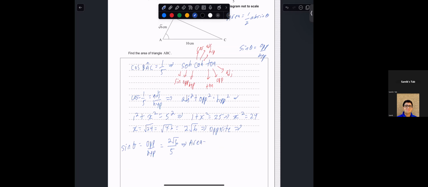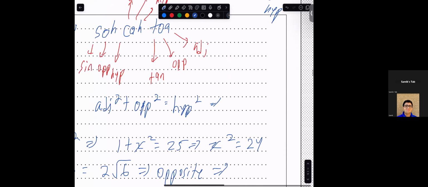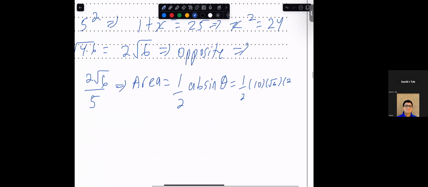Area will be equal to half AB sine theta, which will be equal to half into square root 6 into 10 into our sine theta, 2 square root 6 upon 5.